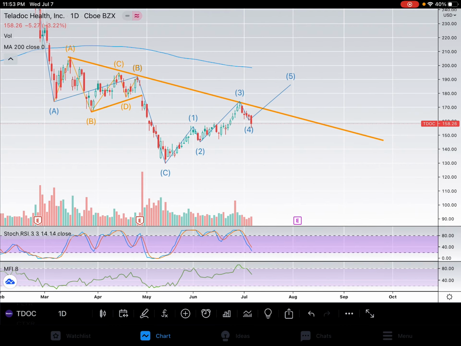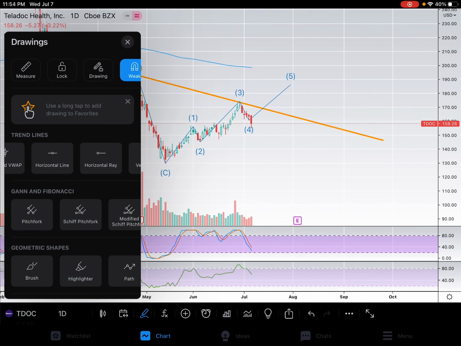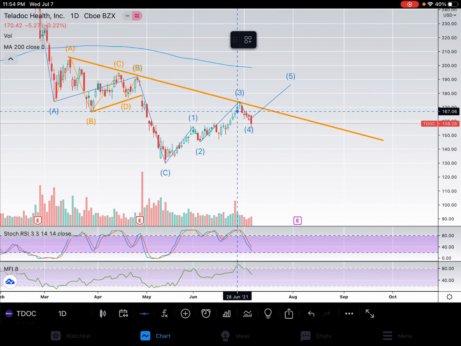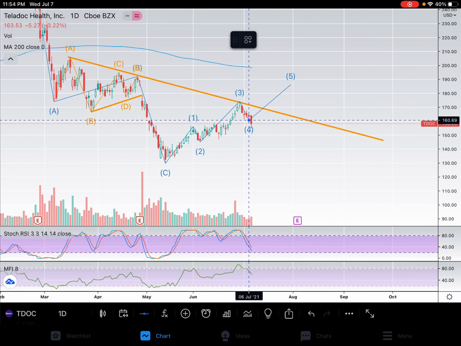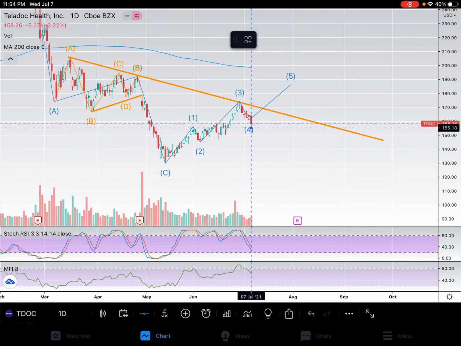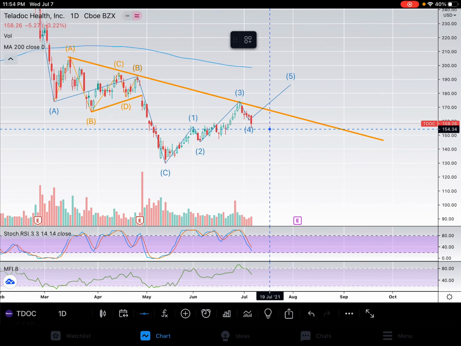And let me bring out the horizontal line again. And yeah, right at wave 1. So I'm expecting another wave higher on Tdoc.